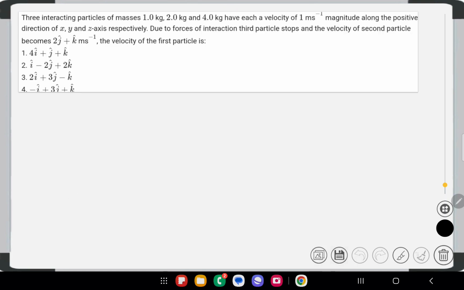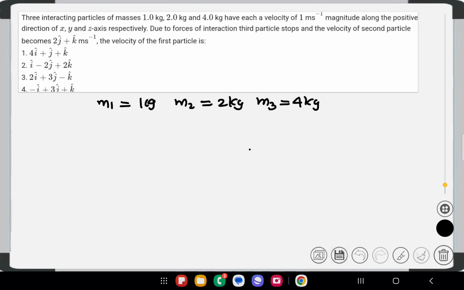This is the next question. Three interacting particles of masses 1 kilogram, 2 kilogram, and 4 kilogram are moving with velocity 1 meter per second magnitude along the positive direction of x, y, and z axis respectively.